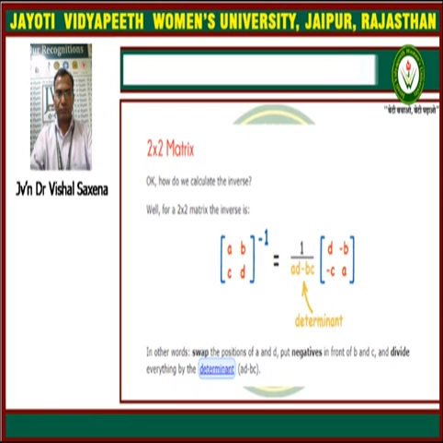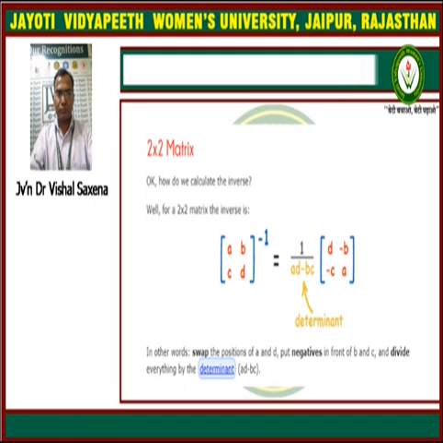The inverse of the matrix is also given by the adjoint of the matrix divided by its determinant. The adjoint of the matrix is given by the transpose of the cofactor matrix of A, divided by the determinant.